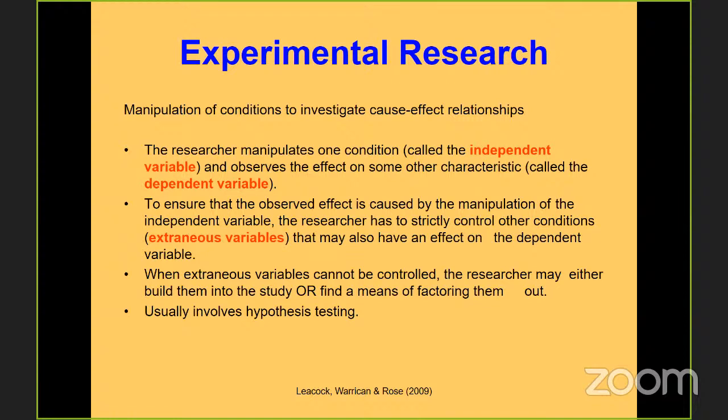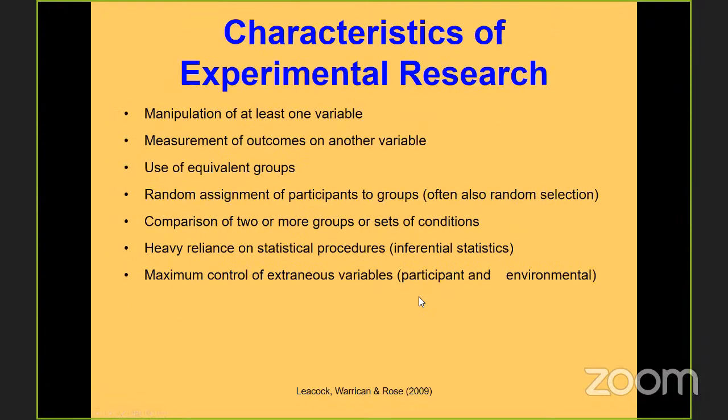You want people in the experimental group and the control group to have equal background and equal aptitude. Because if one group has people who are more knowledgeable than the others, then you don't have an experimental group and a control group that are similar. So whatever other variables may have an impact, you want to control for them, or factor them out. Let's not worry about that right now.